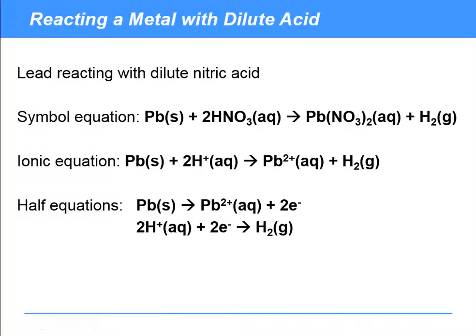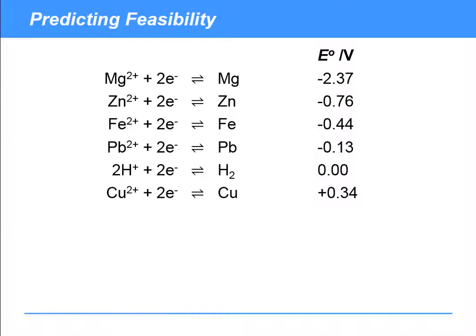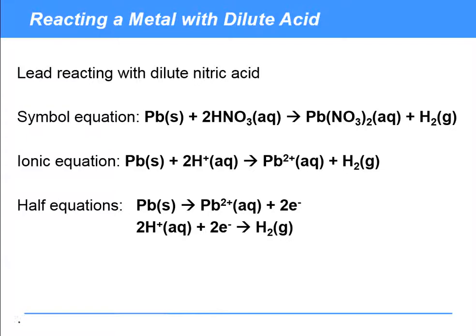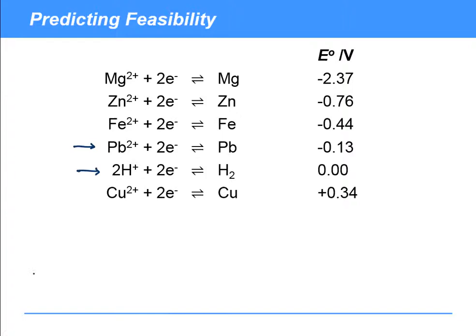Now what we want to try and do with the tools that we've been learning throughout this topic is actually predict whether this reaction is indeed feasible. And so in order to do that, I've just taken an extract of the electrochemical series with some relevant reactions in here, and the ones that we're really interested in are these ones. So in this particular reaction, if we look back at the half equations that are happening, we've got H+ + 2 electrons forming H2, and that is actually the forward reaction in this particular case.